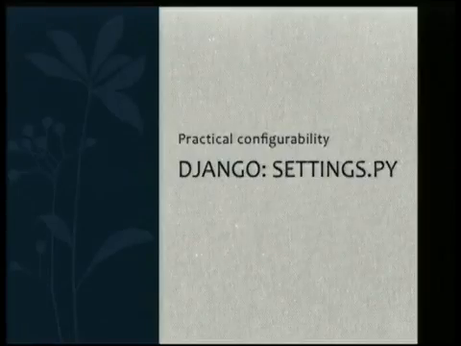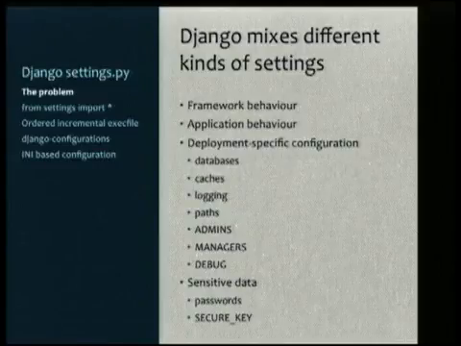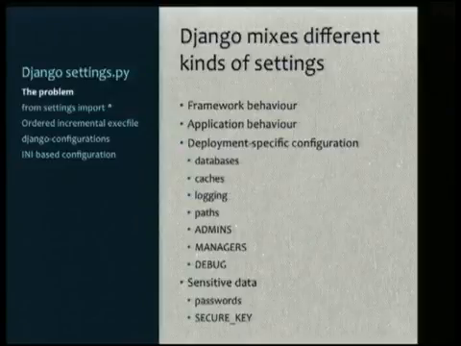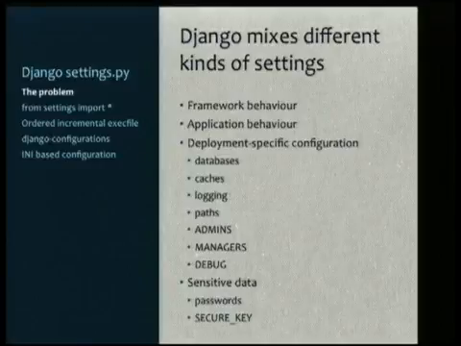Now, quickly, Django. I don't know whether everybody uses it here, so let me practically tell you about some problems with that. Django mixes different kinds of settings, and then you have approaches to solve this, because not all the problems are of a modular basis.